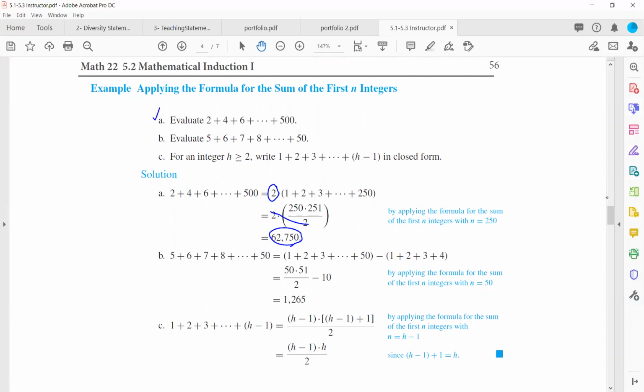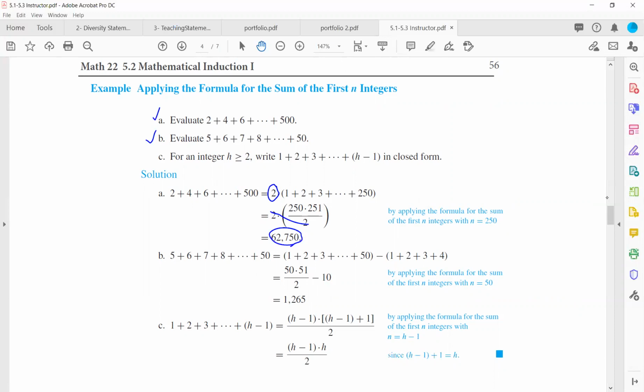Let us take a look at B. It says evaluate 5 plus 6 plus 7 plus 8 up to 50. As you can see, some initial numbers are missing. So we cannot apply the formula now. We need to have 1 plus 2 plus 3 plus 4, which are missing from the sum. So what we can do, we can add and subtract those numbers.